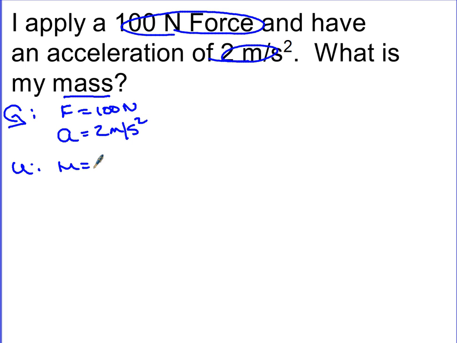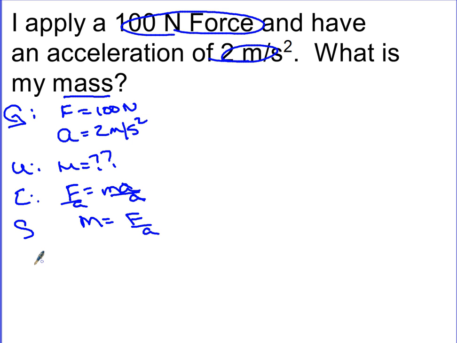I'm looking for mass. The only equation we have is F equals ma. I'm looking for mass, so I'm going to solve this. I'm going to divide both sides through by a so that the a's go away. So m is F divided by a.